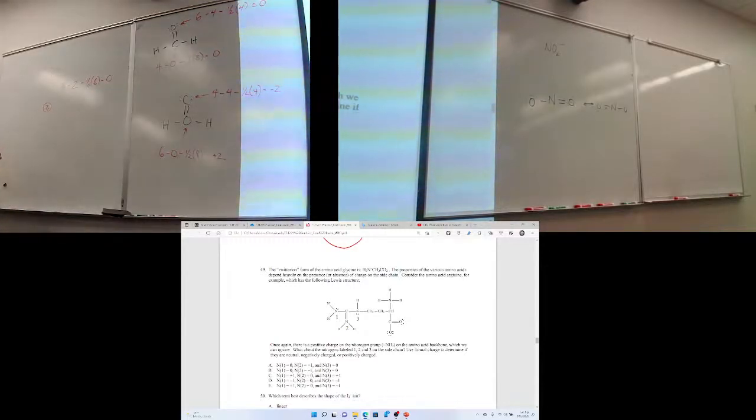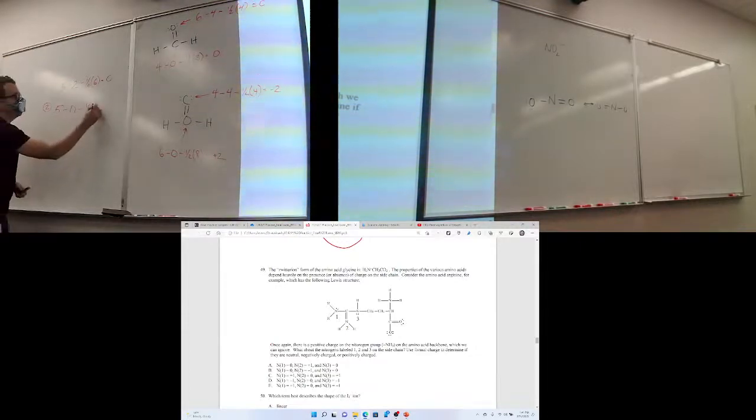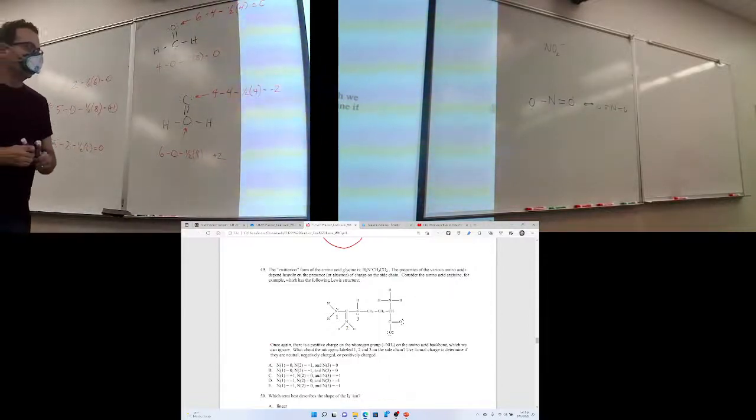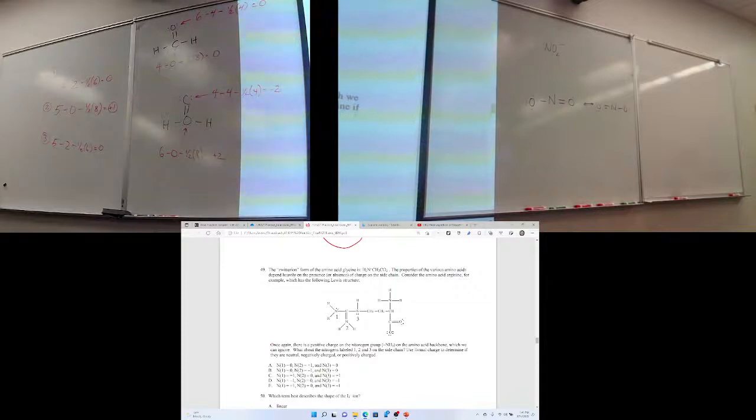With nitrogen 2, I kind of gave it away, there are no lone pair electrons, and there are 8 electrons in bonds. 4 bonds, 8 electrons in those bonds, plus 1. And then for the last nitrogen, nitrogen 3, that's exactly the same as nitrogen 1. So 5 minus 2 minus half of 6, 0. So it looks like A is the answer.